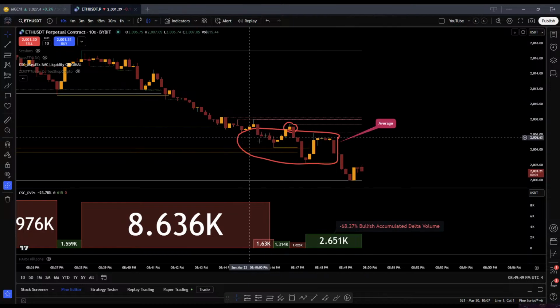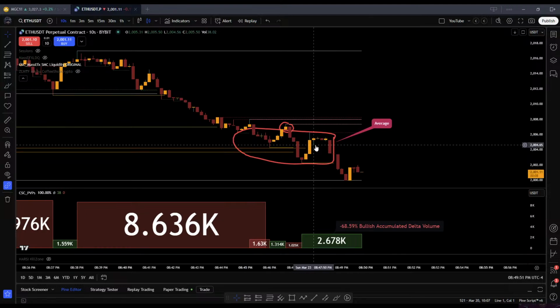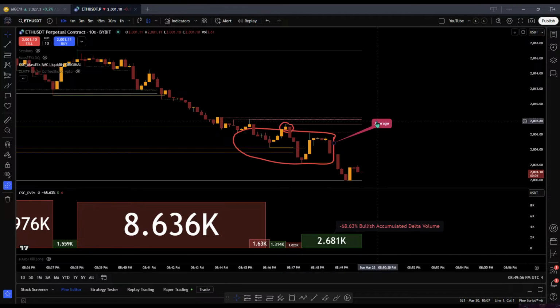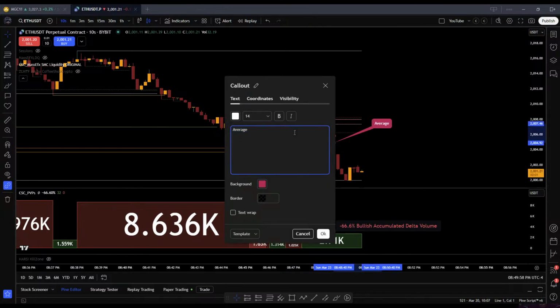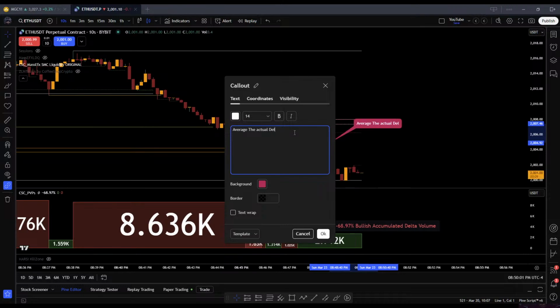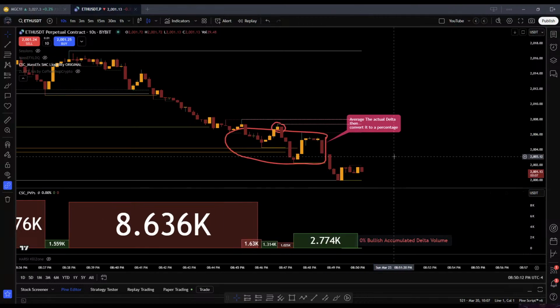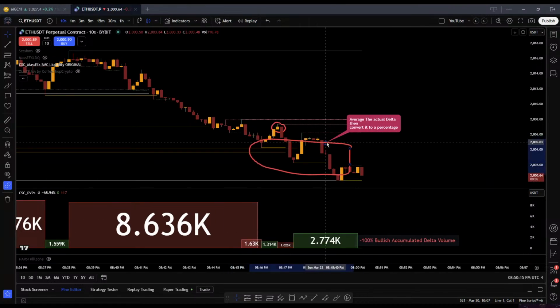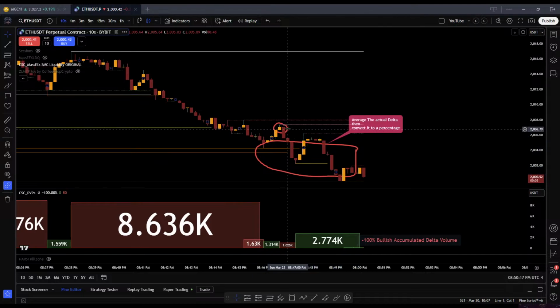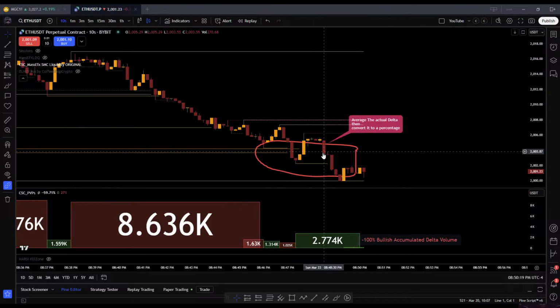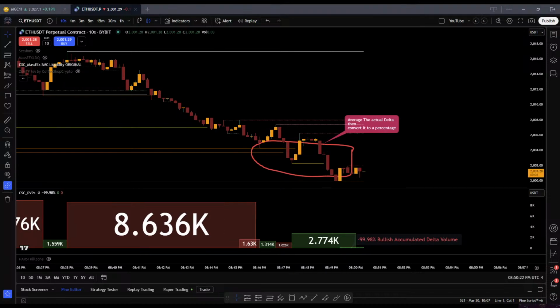But if I'm taking all of the previous candles, I need to average the, and I'm thinking out loud, I would need to average the actual delta, then convert it to a percentage, right? So it will tell you over the last X number of candles, your percentage was X, right? I guess you could say.